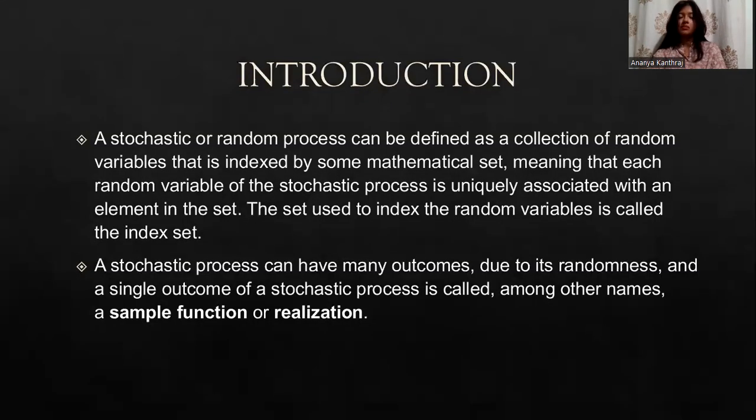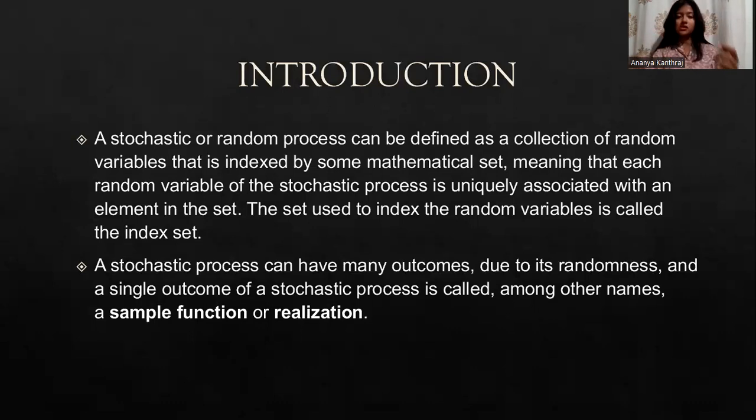So, what is basically a stochastic process? A stochastic or random process can be defined as a collection of random variables that is indexed by some mathematical set, meaning that each random variable of the stochastic process is uniquely associated with an element in the set. The set used to index the variable is called the index set.